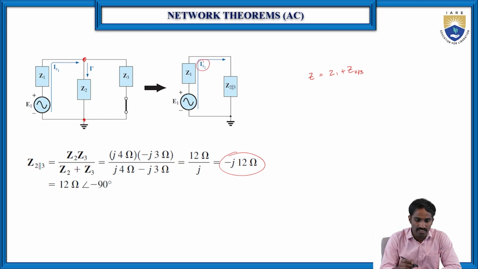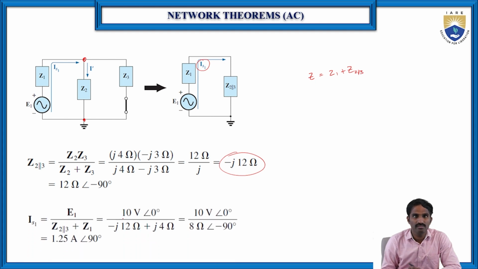So IS1 is equal to the voltage E1 by the total impedance in the circuit, the combination of Z1 and Z23, which are in series. Then IS1 is equal to E1 by Z23 plus Z1.